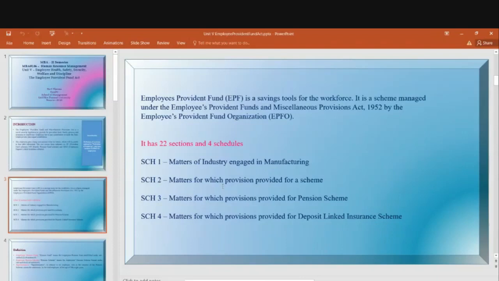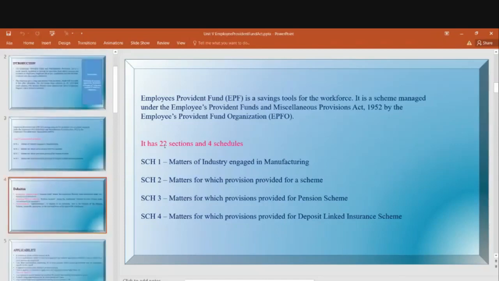Schedule 3 is matters for which provisions are made for the pension scheme, and Schedule 4 includes matters for which provisions are made for the deposit linked insurance scheme. These are the 4 important schedules under the Employees Provident Fund and Miscellaneous Provisions Act, and it has 22 sections.